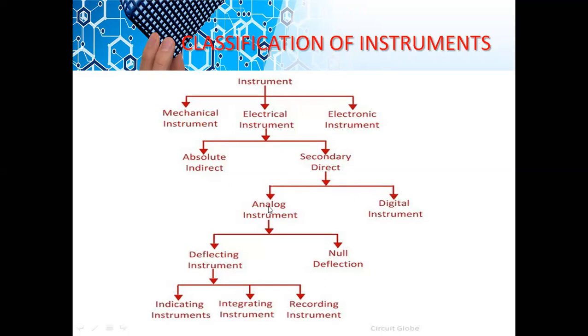And then we have seen further classification of analog instruments, deflecting type and non-deflecting type or null deflection type. Then under deflecting type, we have further classification to indicating, integrating, and recording type of instruments.